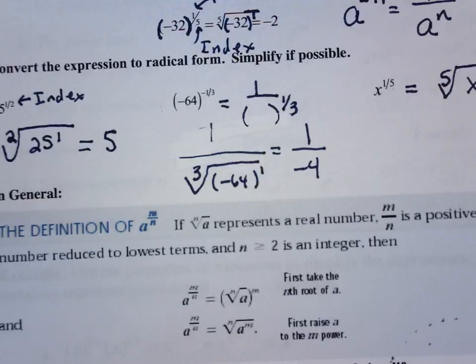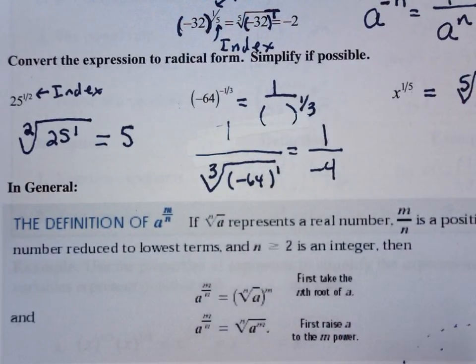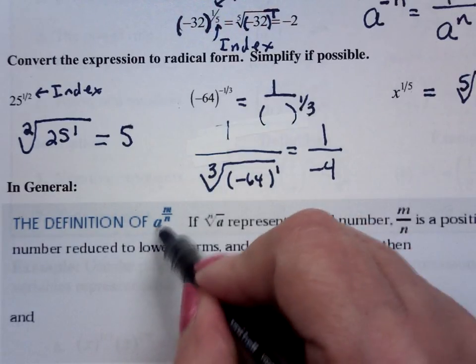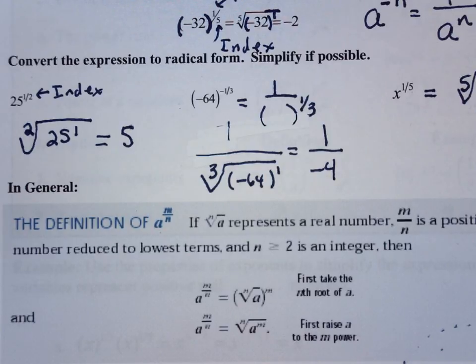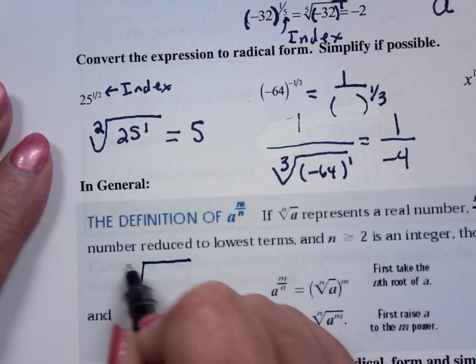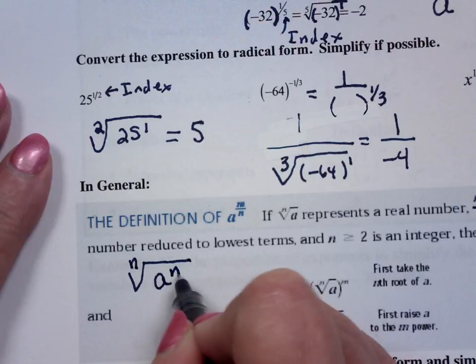Now this is the thing that's going to drive you nuts. Suppose what I have is a to the m divided by n. As I first defined it, this is the nth root of a to the power of m.